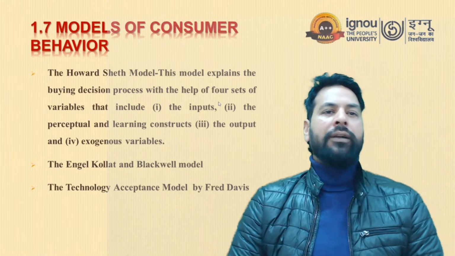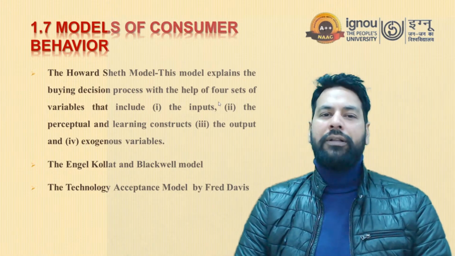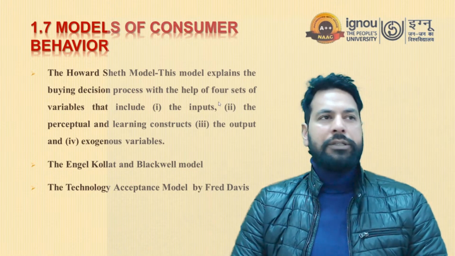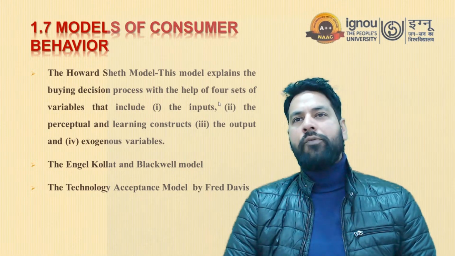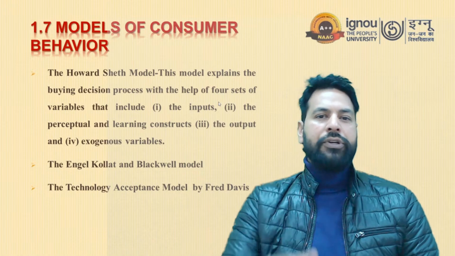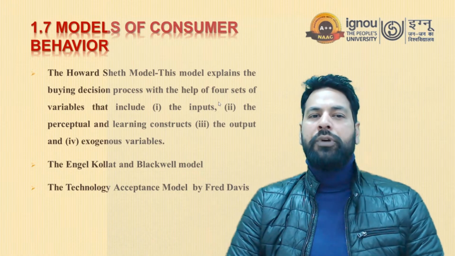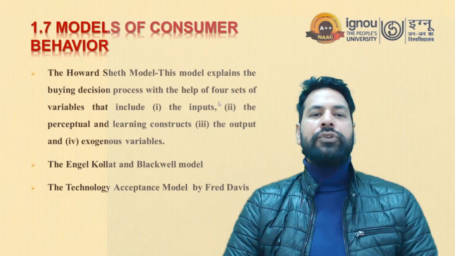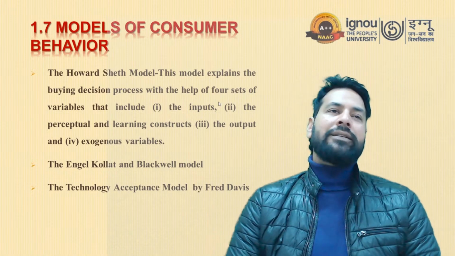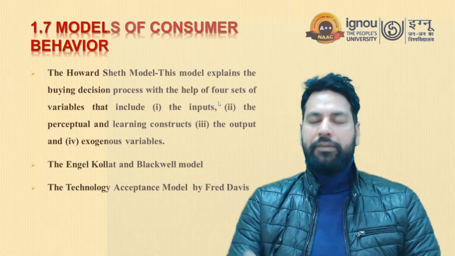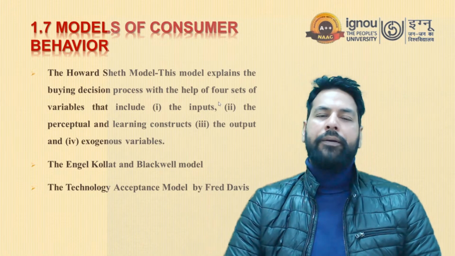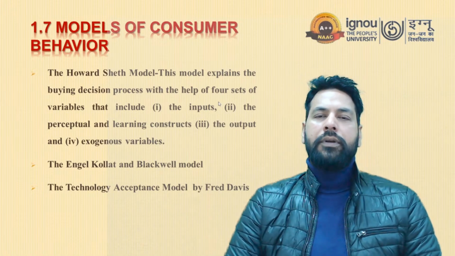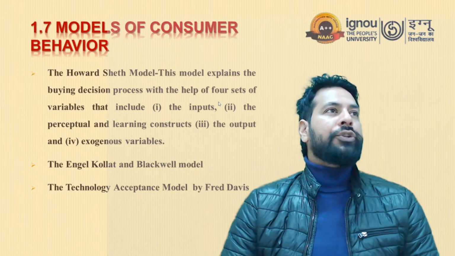So the most important model is the Howard-Sheth model. Now this model uses 4 variables, which you can see on your screen: the inputs, the perceptual and learning constructs, the output, and exogenous variables. Exogenous means the external variable. We'll study this later on. The first thing is the input, what you get.